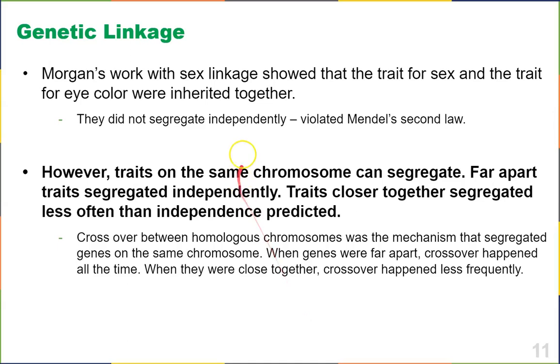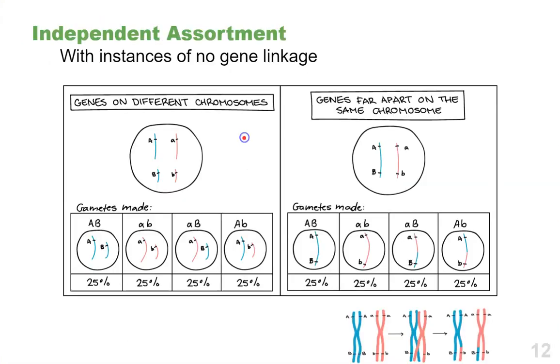So it's not just one gene per chromosome. No, it's multiple genes. However, some of the genes on a chromosome can segregate. So if traits are really far apart on a chromosome, they can separate during meiosis and be inherited independently. So we're going to look at that here in a second.